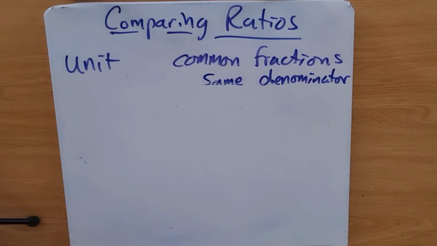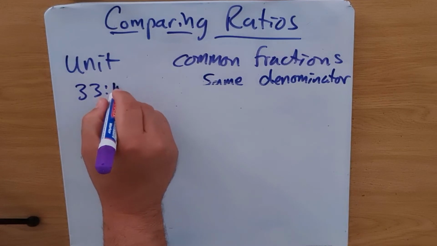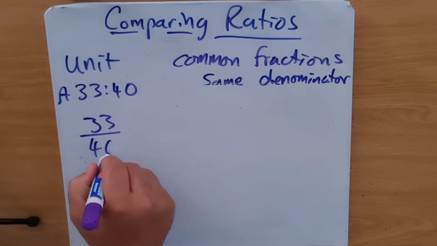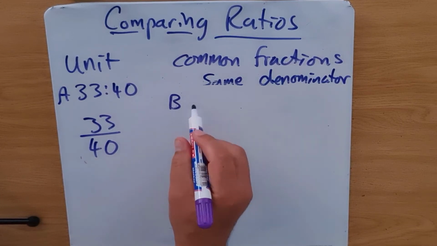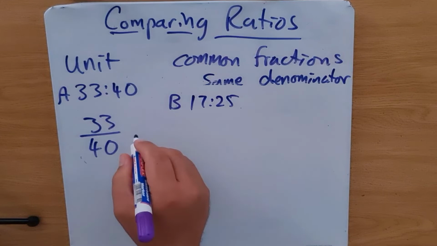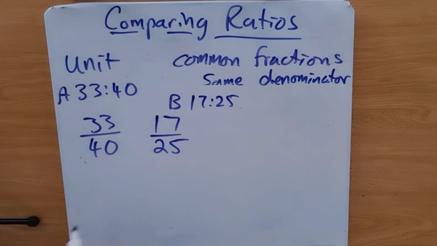But what if I want to use the common fractions? If I take these ratios and turn them into fractions, and school B was 17 to 25, so I've got 17 over 25, then that's my ratio in terms of fractions.